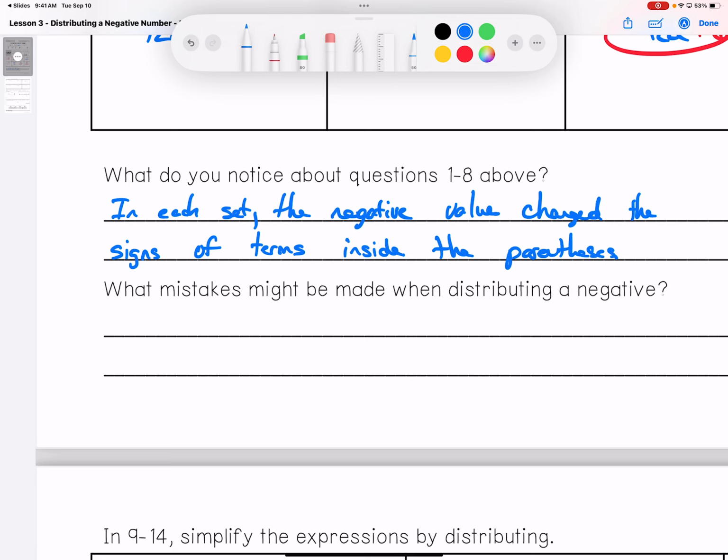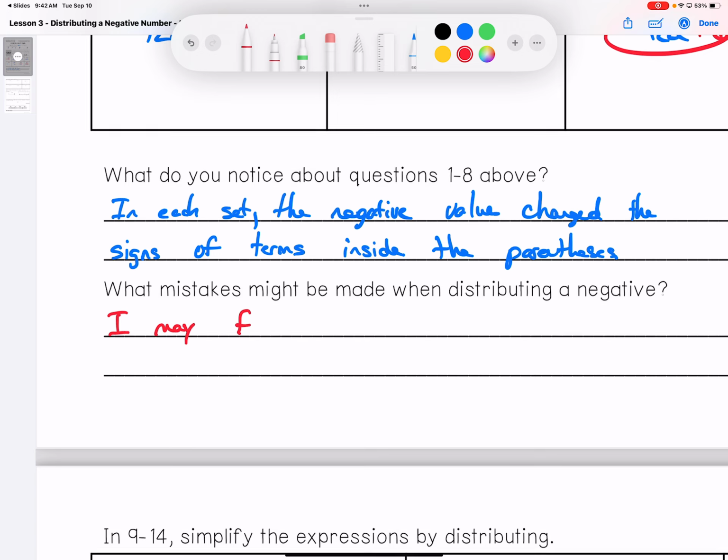What mistakes might be made when distributing a negative? So here's what I want you to do. I want you to think about that and tell me what mistake you might do. Most of you probably forget to apply the negative. Here's an example.